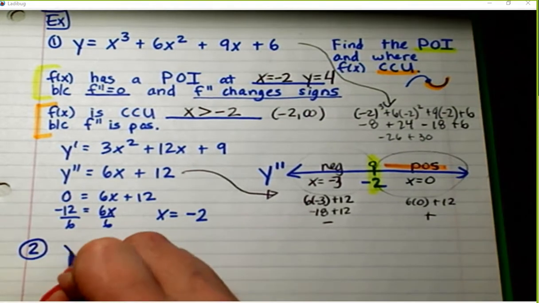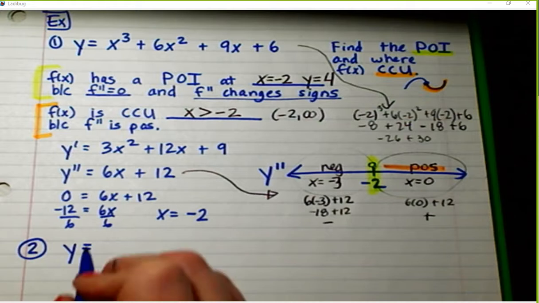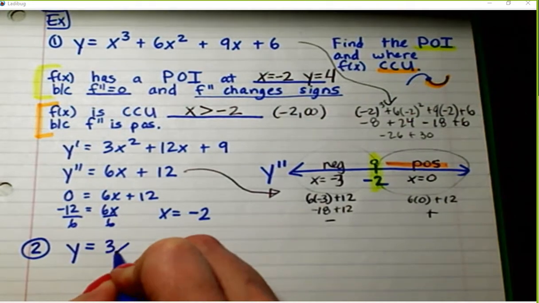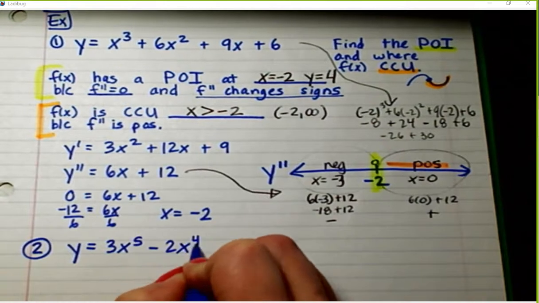Okay. y equals, we're only doing 3 examples today, guys, so we're 40% done. 3x to the 5th minus 2x to the 4th.